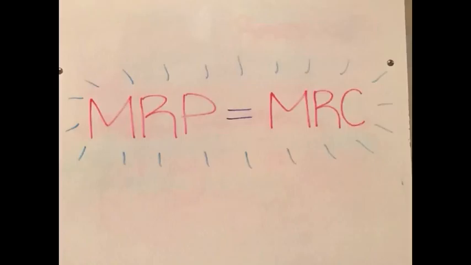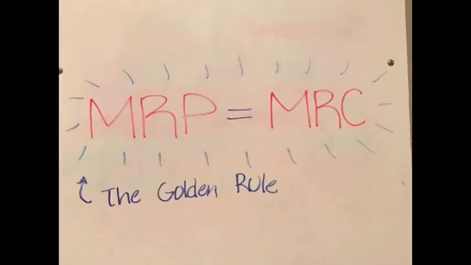MRP equals MRC, better known as the golden rule. At the quantity where MRP equals MRC, the firm will maximize its profits. The firm will hire labor up to and including this point, but once the MRC becomes greater than the MRP, it is no longer beneficial for the firm to produce at that quantity.